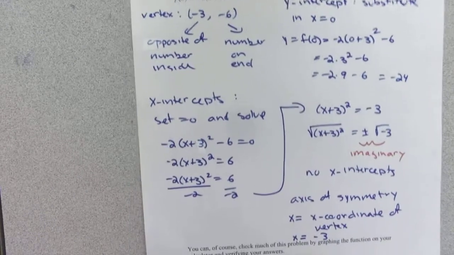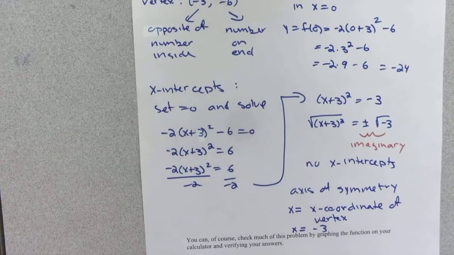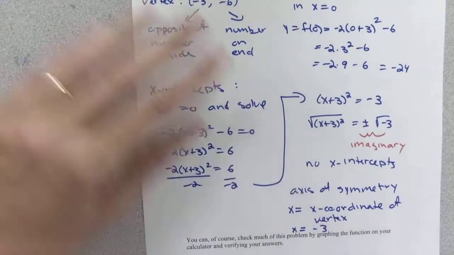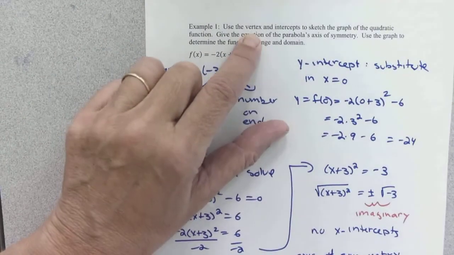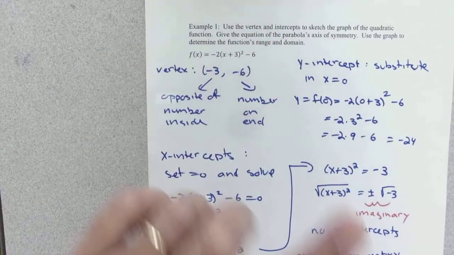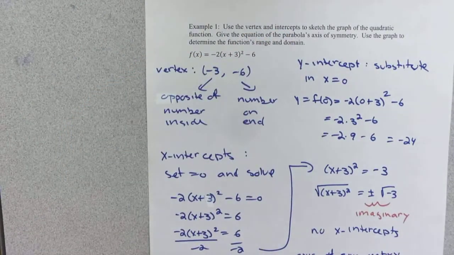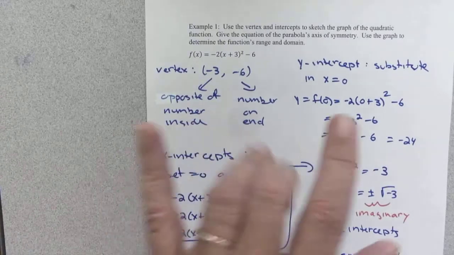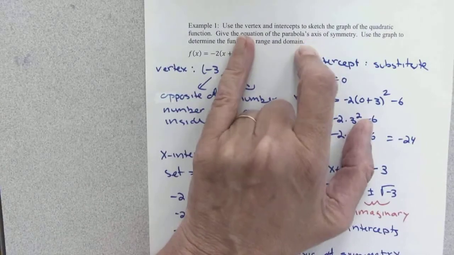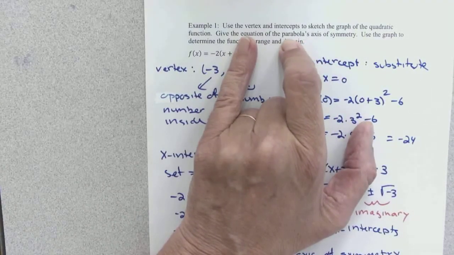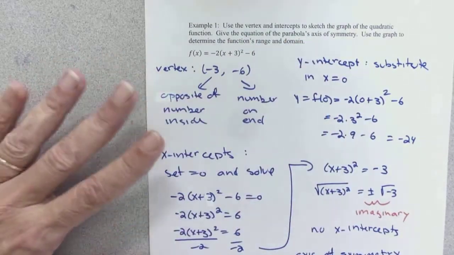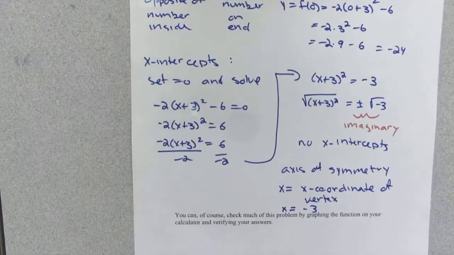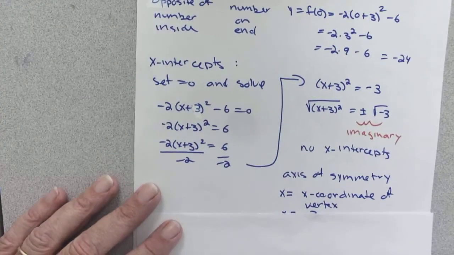When you go and do this work on the computer, you can give it an absolutely perfect graph, but if you didn't use the vertex and x-intercepts to make the graph, it will count it wrong. So be sure when you're doing your work on the computer, when it says vertex and x-intercepts, use the vertex and x-intercepts.